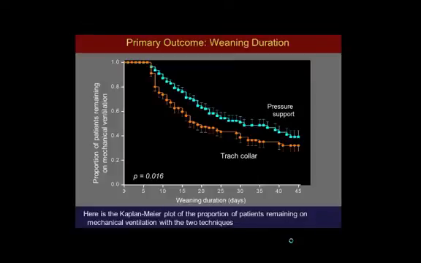And here's the Kaplan-Meier plot of the proportion of patients remaining on mechanical ventilation with the 2 techniques, and you can see that they remained longer on the ventilator with the use of pressure support than with the trach collar.